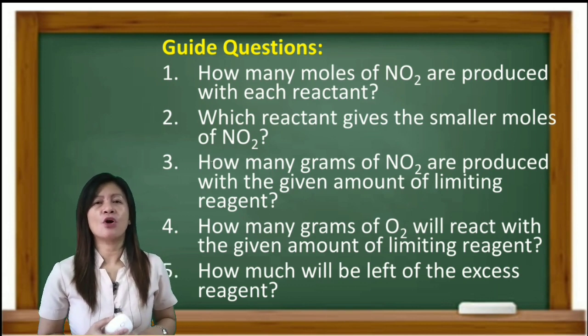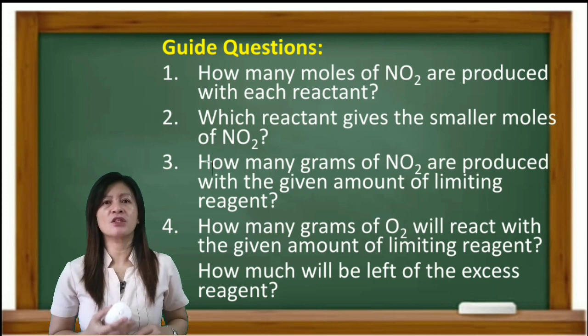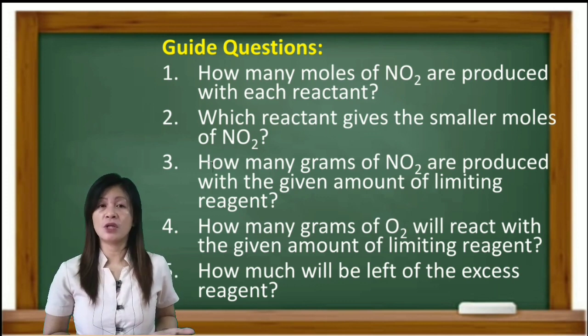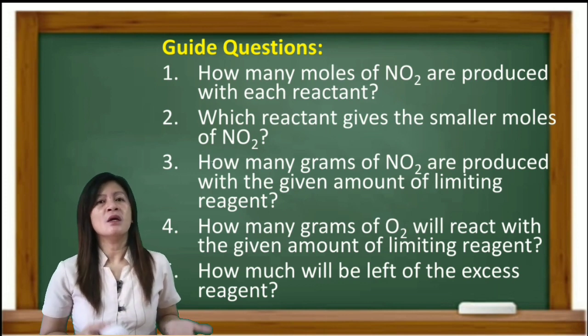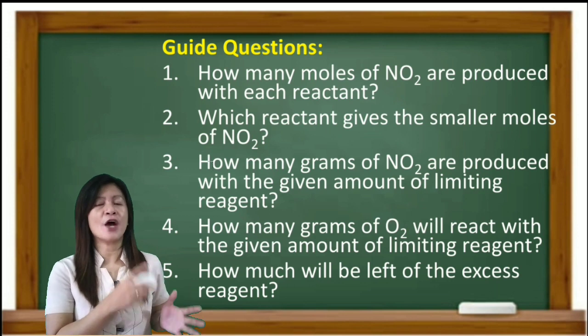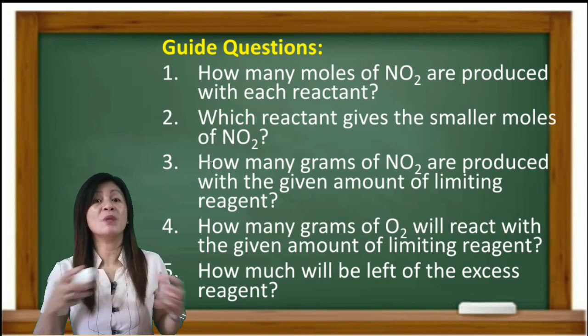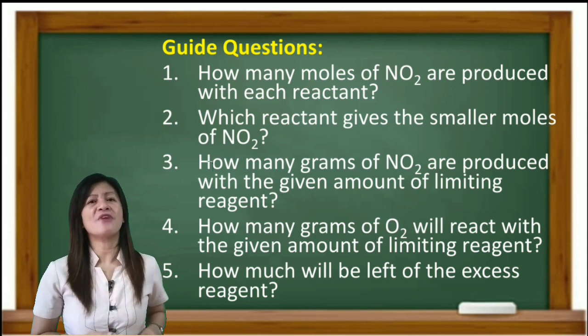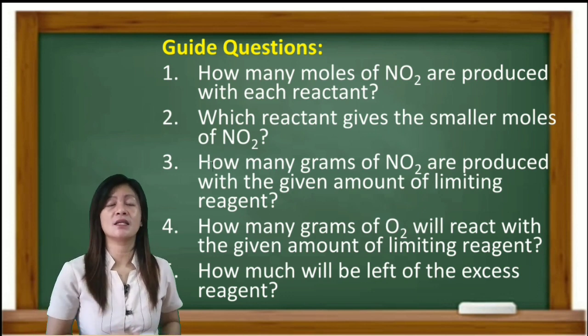Number 4: How many grams of oxygen gas will react with the amount of limiting reagent? Given the amount of the limiting reagent, after you have identified it, it will determine the amount of product or the amount of the other reactant needed for the complete reaction of the available limiting reagent. And number 5: How much will be left of the excess reagent?